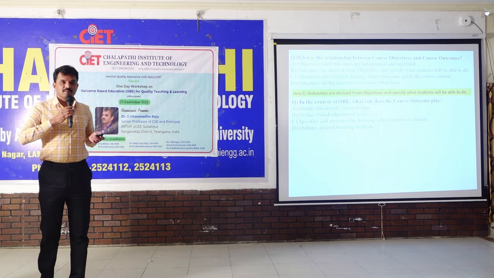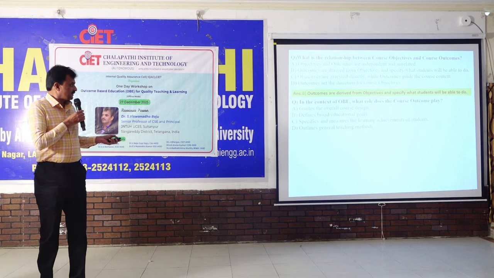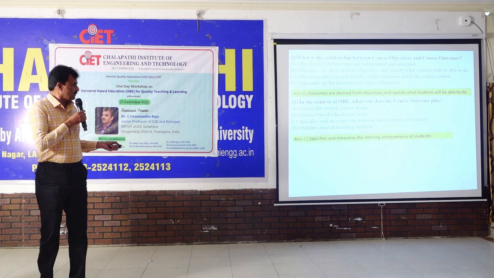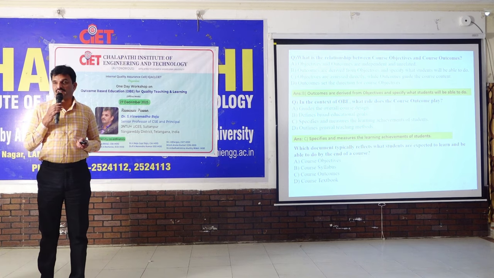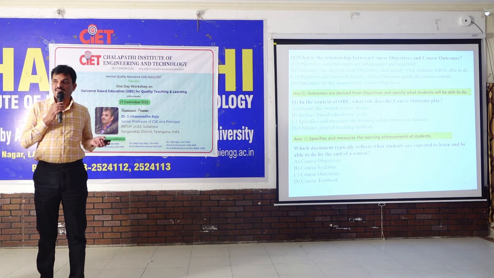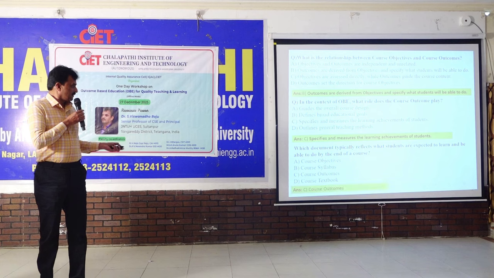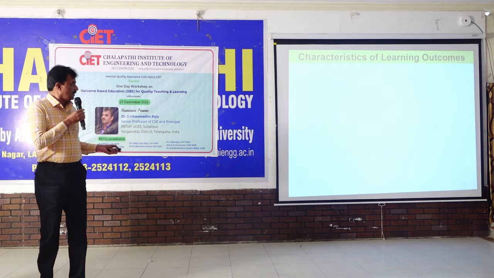Is it B or C or D? Specifies and measures the learning achievements. Next, which document typically reflects what students are expected to learn and be able to do by the end of the course? Which is the right answer? Were you able to see the content? Okay, course outcomes. I hope now you understood a little.